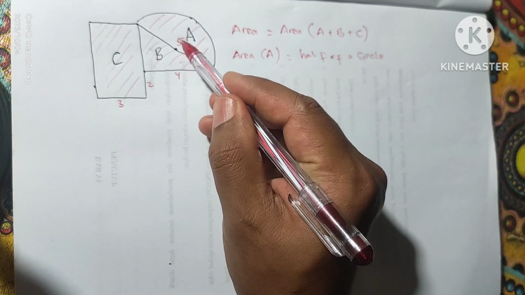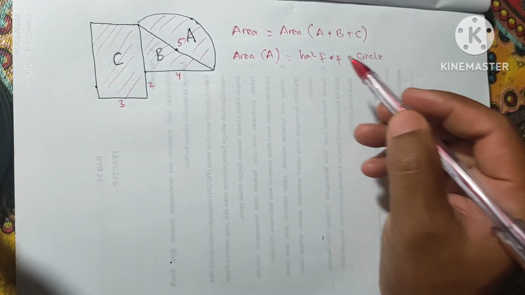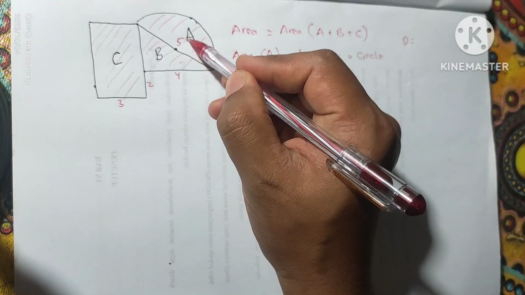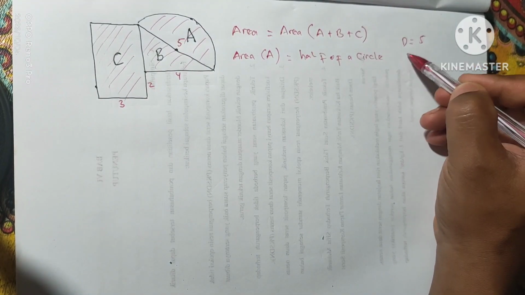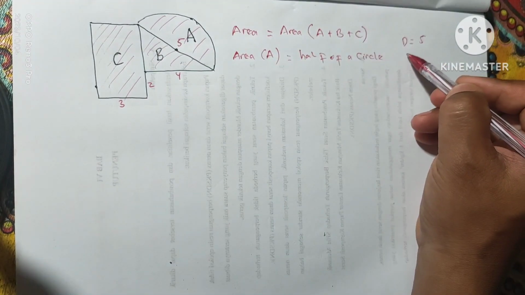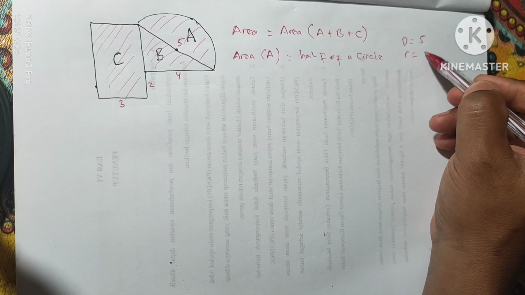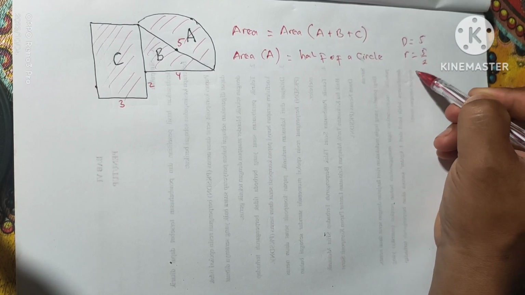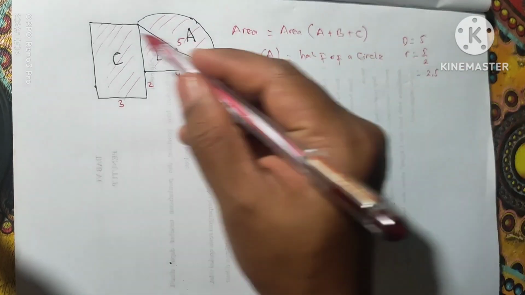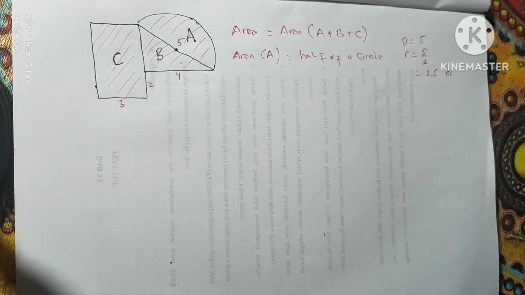And we know that the diameter of the circle is 5, right? So the radius of the circle will be half of 5, so 5 over 2, it will be 2.5. Let's say all the units of this picture are meters.